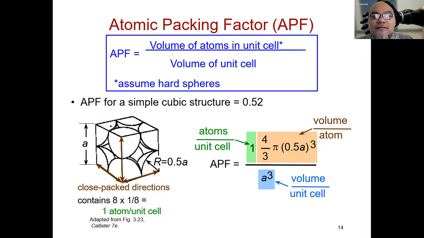The other 7 over 8 is owned by the other 7 unit cells in the neighboring vicinity of this unit cell. So it contains 8 corners, but each corner only contains 1 over 8 of an atom. That's why the total number of atoms per unit cell is only 1.